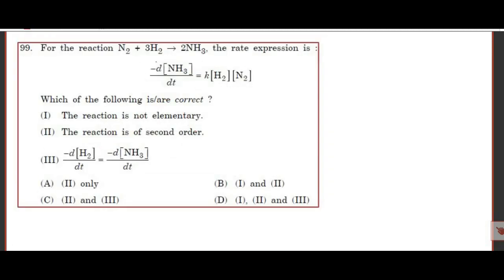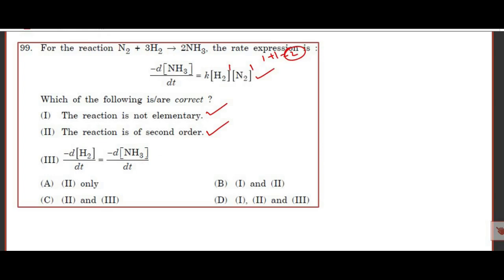For the reaction N2 plus 3H2 gives 2NH3, the rate expression has been given here. Which of the following is correct? The reaction is not elementary is a correct answer. The reaction is of second order. Yes, it is a second order reaction. This is power 1, this is power 1, 1 plus 1 is 2, hence order is 2.